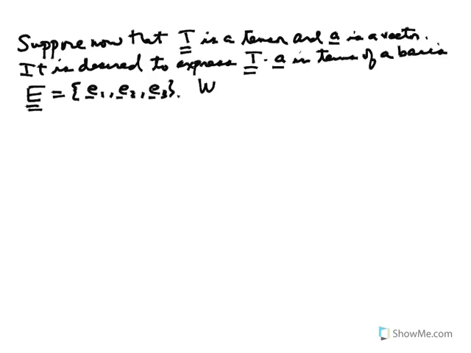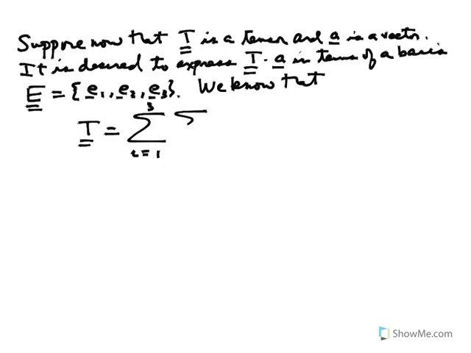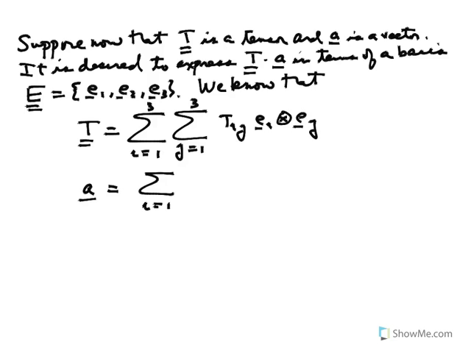So we know that T can be written in terms of this basis as the sum from i equals 1 to 3 of the sum from j equals 1 to 3 of Tij Ei circle cross Ej. That's what I just wrote down a short while ago. Well, the vector A, again, can be written as the sum from i equals 1 to 3 of Ai Ei.